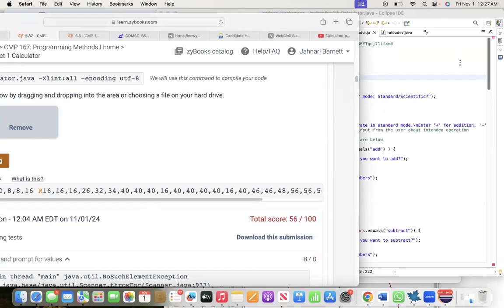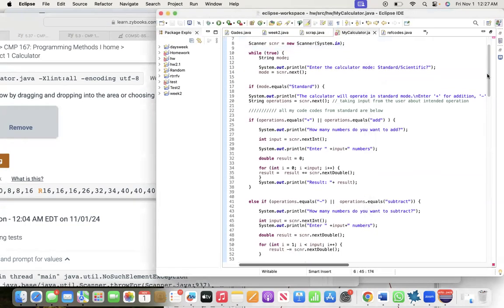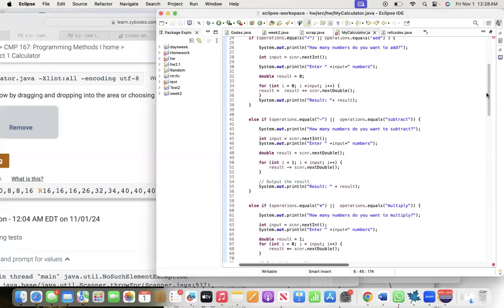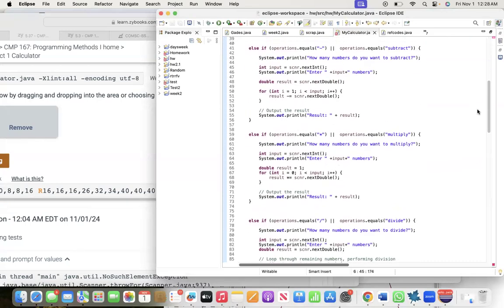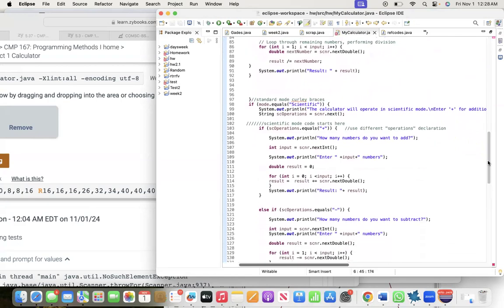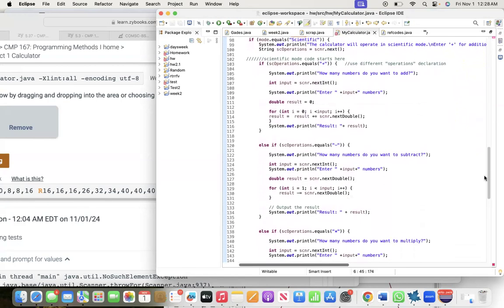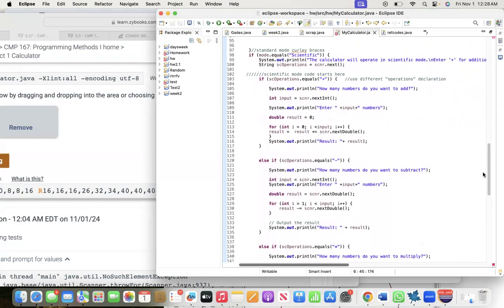I went method by method, line by line, and built up the code, did standard first, and copied and pasted that into scientific. I had to change the string name because we already used that for standard.